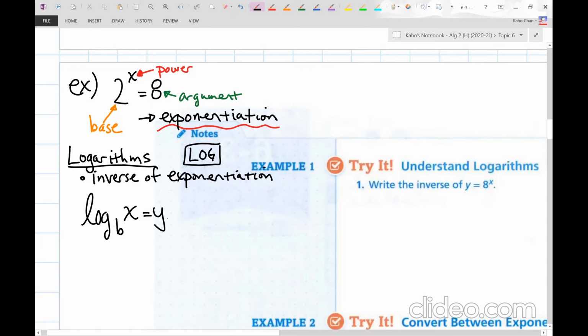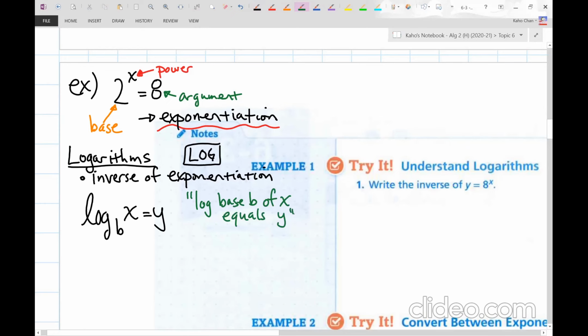Let me say that slowly. Log base b of x equals y. Okay?